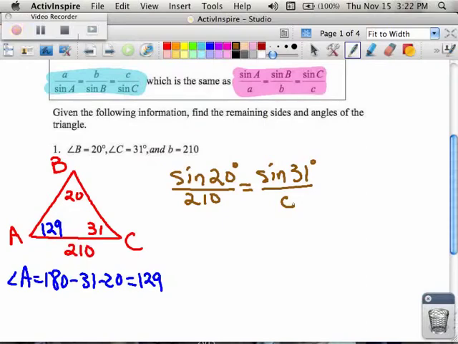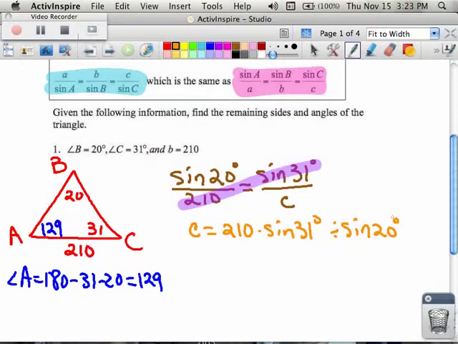At this point we just cross multiply and solve. I multiply these two numbers and then divide, so my c side is equal to 210 times the sine of 31 degrees, divided by the sine of 20 degrees.